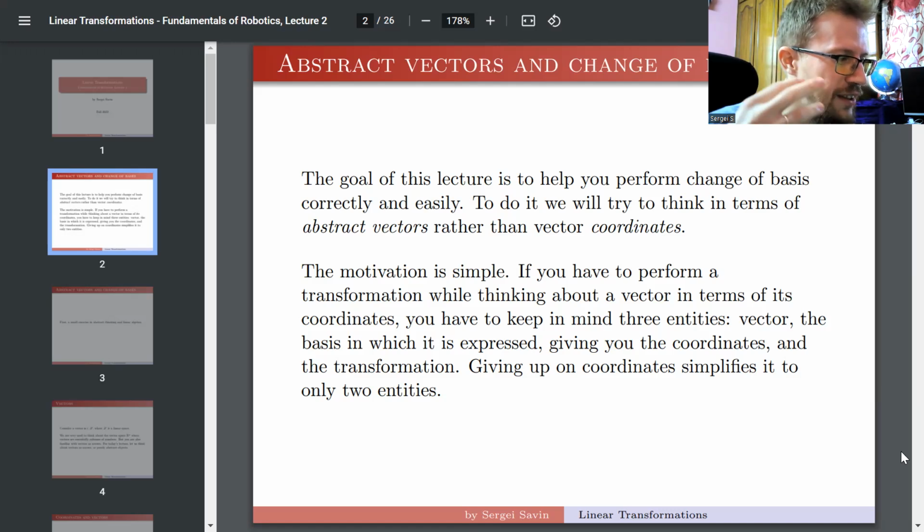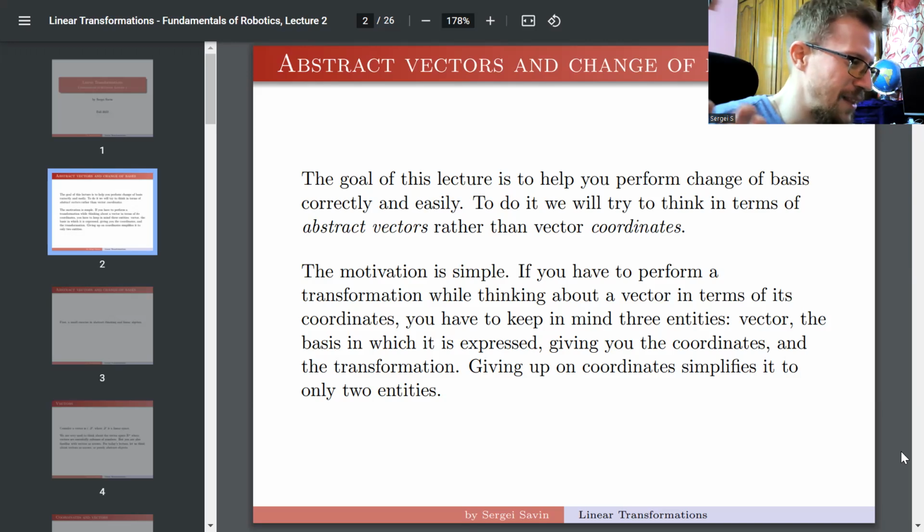So anyway, this thing refers to the frame in which the vector is expressed. For linear transformations, for the matrices, we also have those upper scripts.